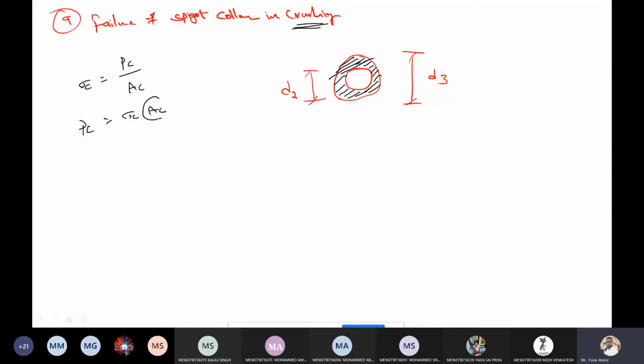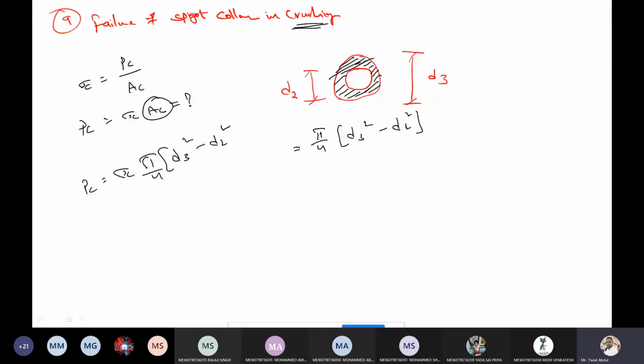Now the question is what is the area here? The area is d3 square minus d2 square. Okay. Now the equation will come as load equals sigma c into pi by 4 into d3 square minus d2 square.